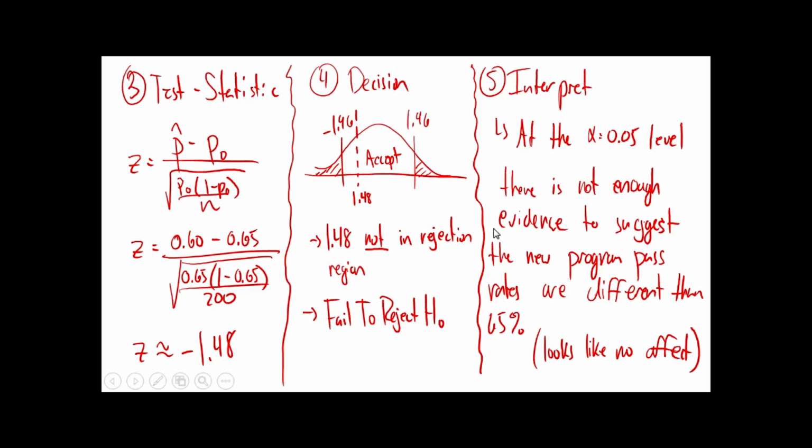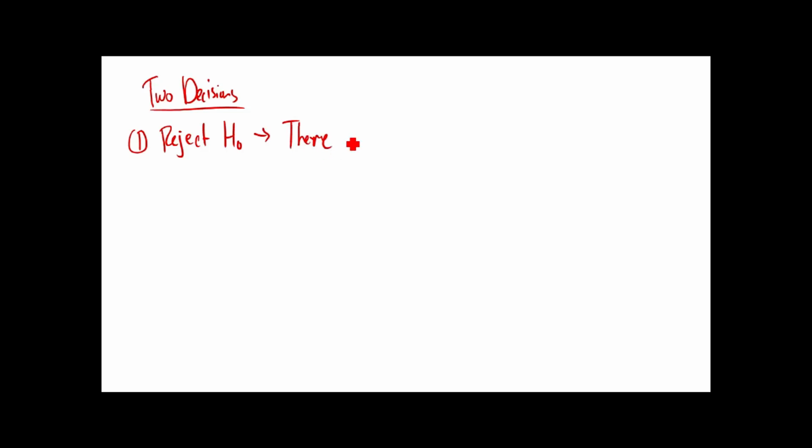And yesterday, we got into a discussion about why we say certain things. You can really only make 2 decisions. You can either reject the null hypothesis, which means that there is evidence in favor of the alternative.